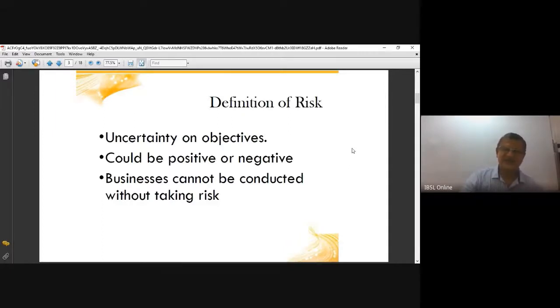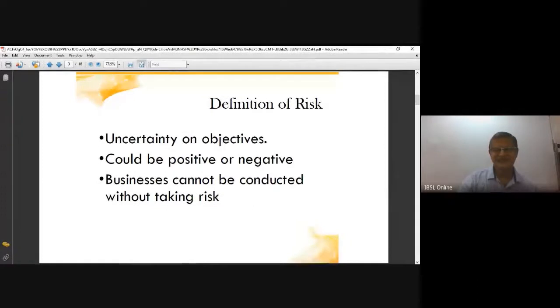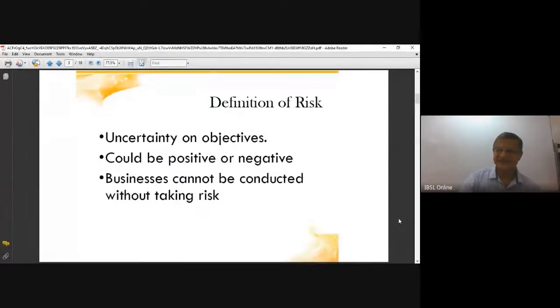I must also say here, business cannot be conducted without taking risk. Therefore, banking is a business, and what we do is also take risks. While taking risks, banks are generally not gamblers like those who buy a sweep ticket.